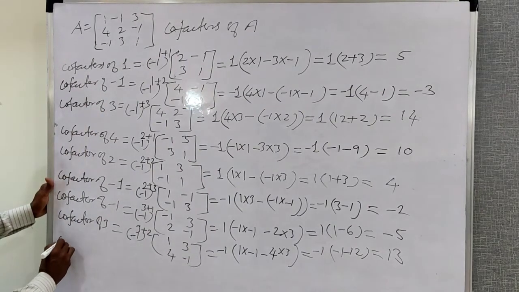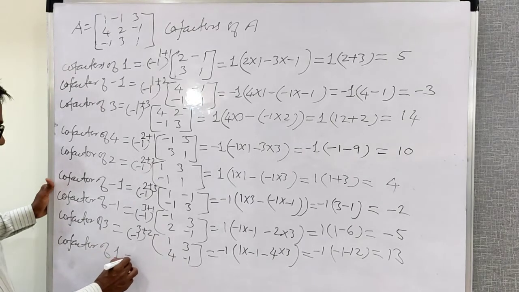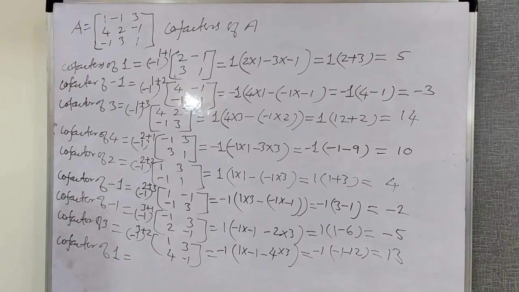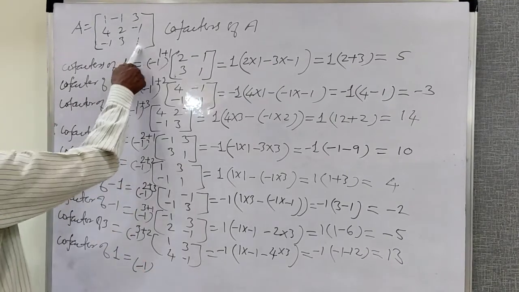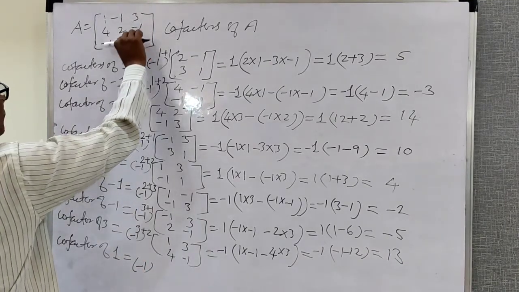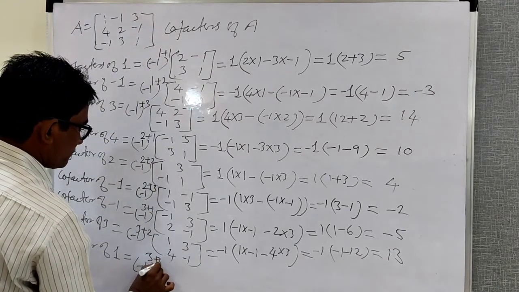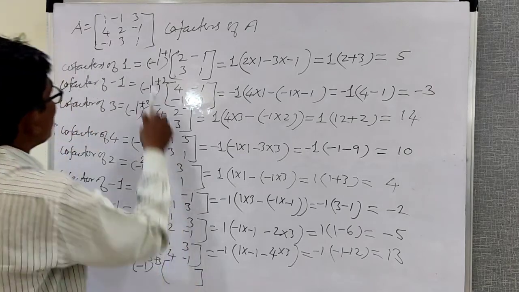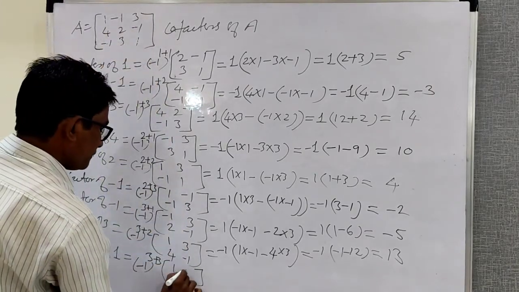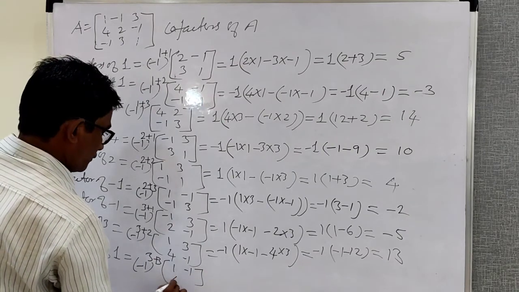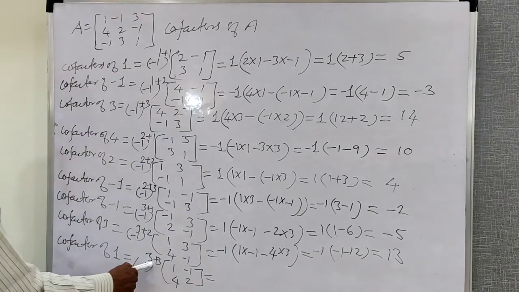Cofactor of 1. Cofactor of 1 equal to minus 1 power. This 1 comes in third row third column, and the cofactors are 1 minus 1, 4 2. 3 plus 3 is 6.